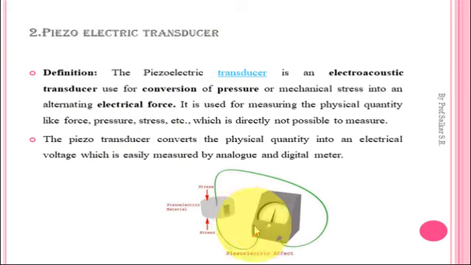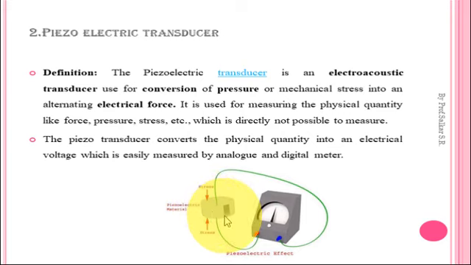So here is a simple diagram of a piezoelectric transducer. In a piezoelectric transducer, for converting pressure or force into an electrical quantity, crystals called piezoelectric crystals are used. These piezoelectric crystals are asymmetrical crystalline structures which are naturally available, and also man-made.